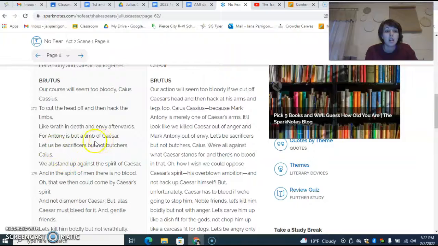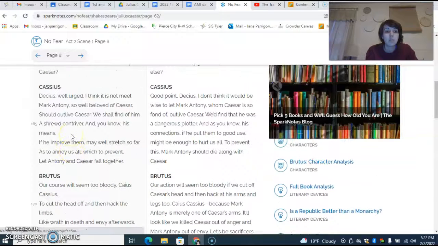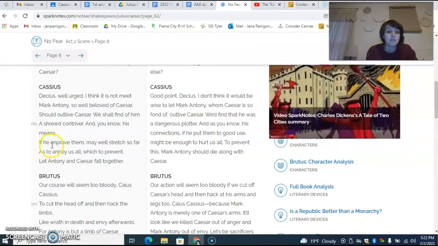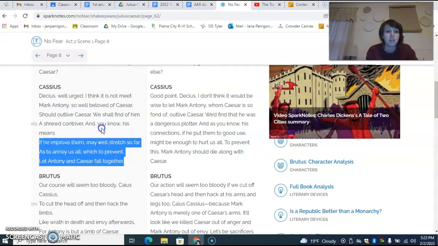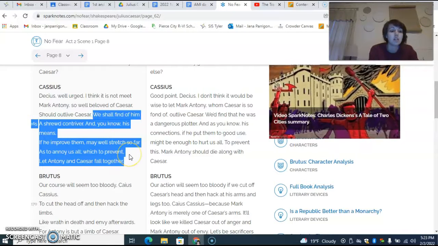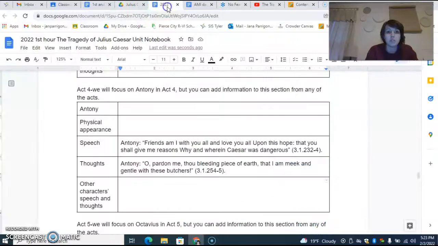So we could use that, or we could use where Cassius says, we shall find of him a shrewd contriver, and you know his means. I'm going to use this one because I like that Cassius kind of knows more about him than Brutus does, or that he's more observant maybe about him. So this is Cassius talking.